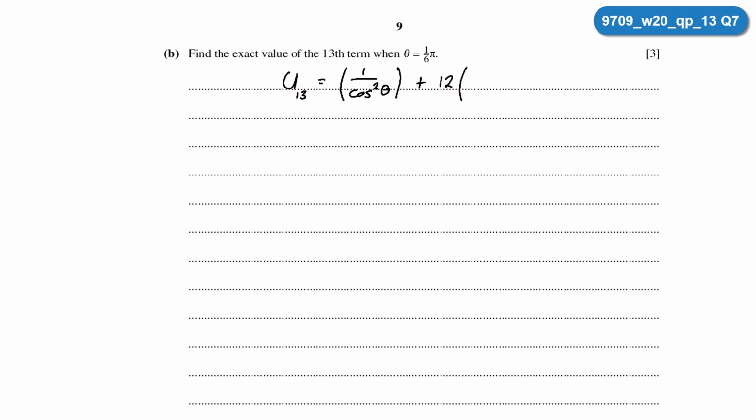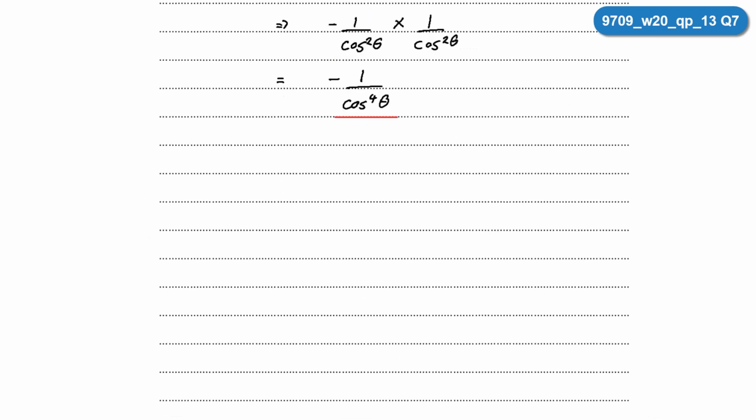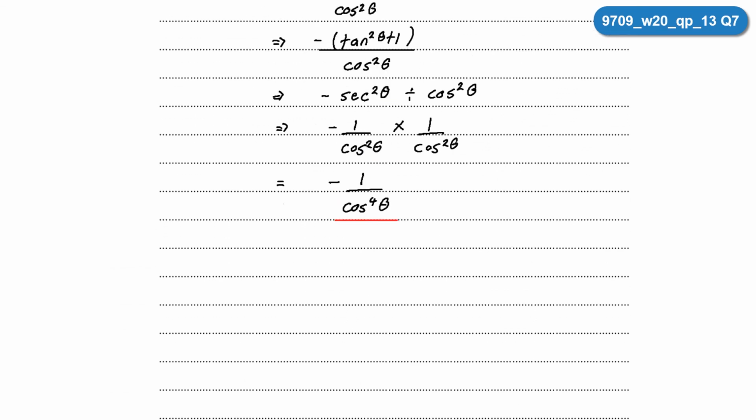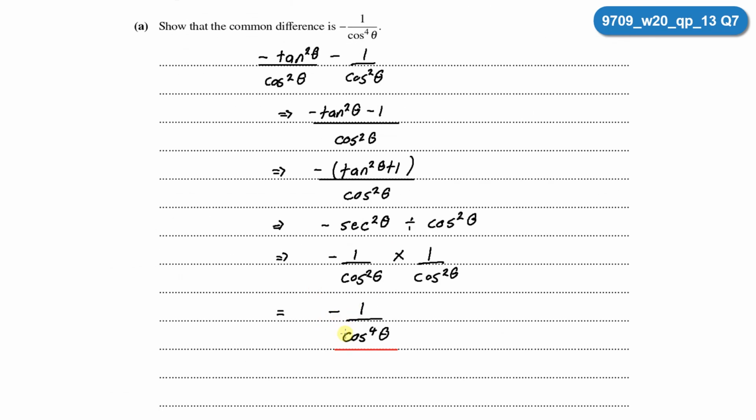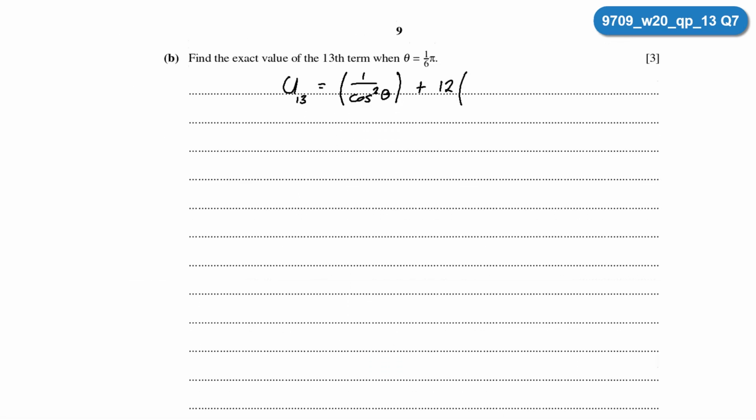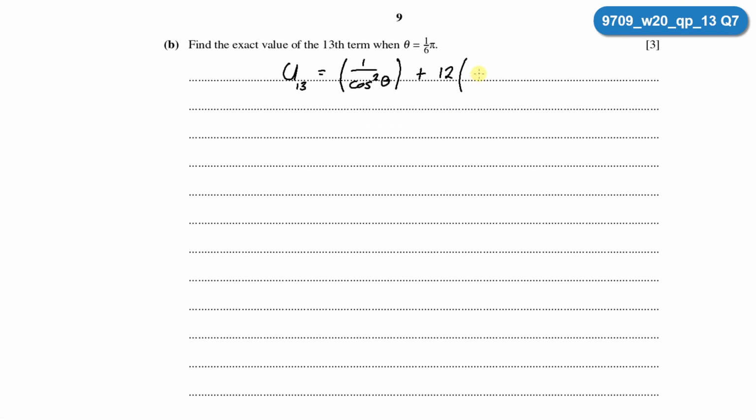And we had gotten d, the common difference, to be minus 1 over cos to the power 4 of theta. So let's put it here.